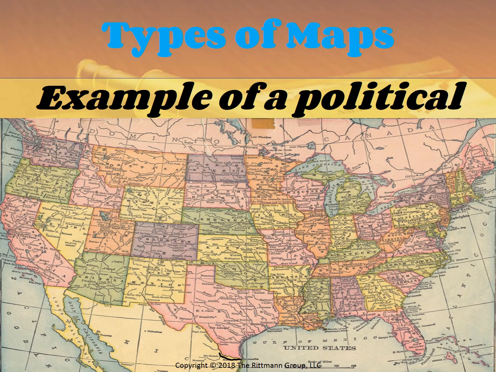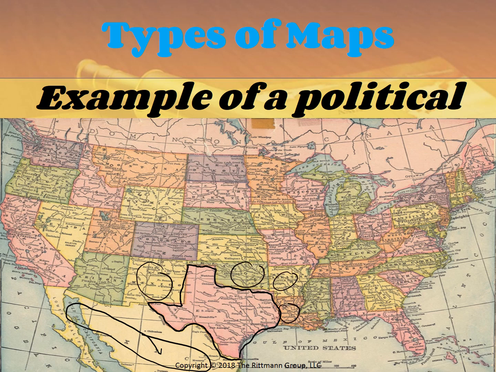Notice that Texas, with its very unique shape, its border, we border a country, Mexico, down here to our south, and we border New Mexico, Oklahoma, Arkansas, and Louisiana. So Texas is a very unique state because we have several different types of borders.